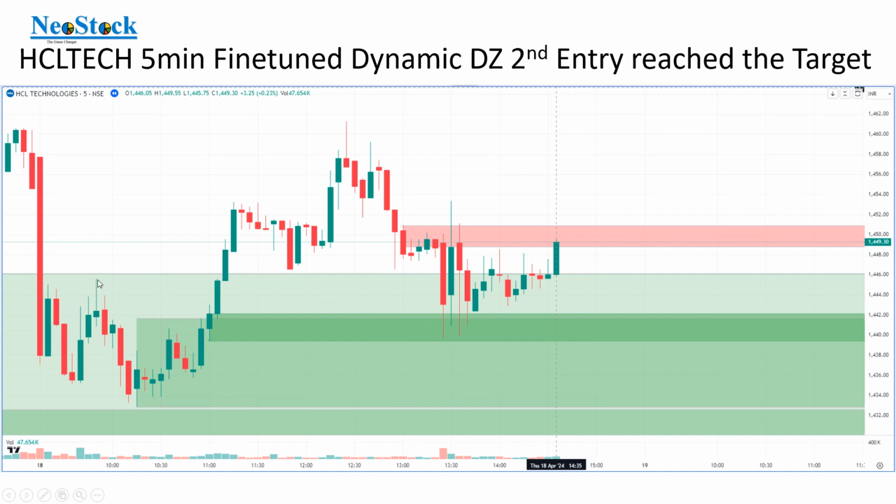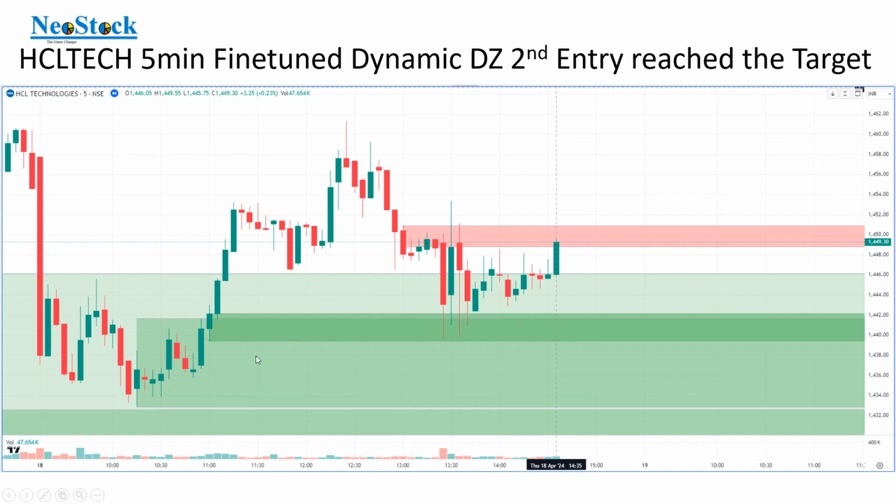Or inside a 75 minutes, a new 15 minutes, inside that again a new 5-minute zone can be created. Any of these possibilities you can consider.